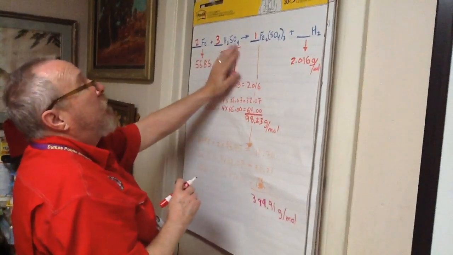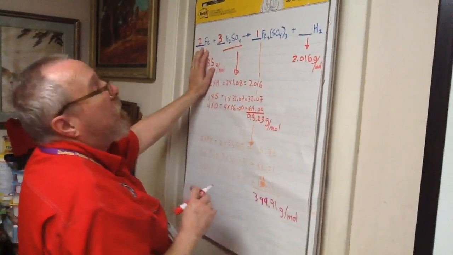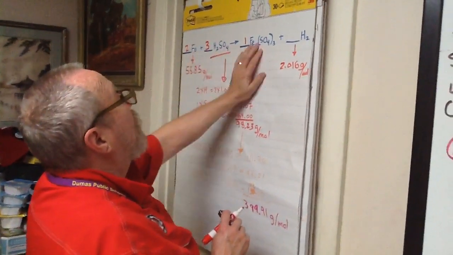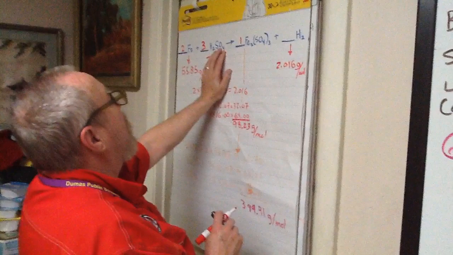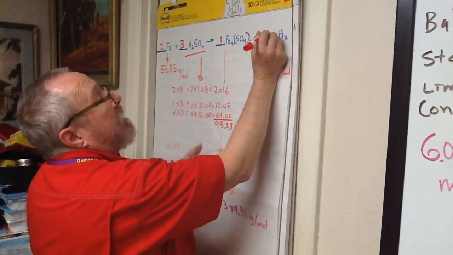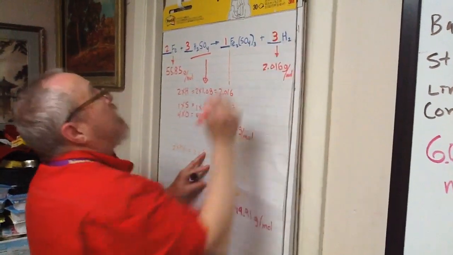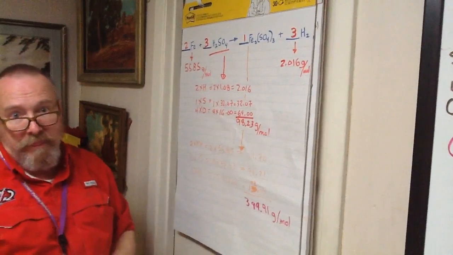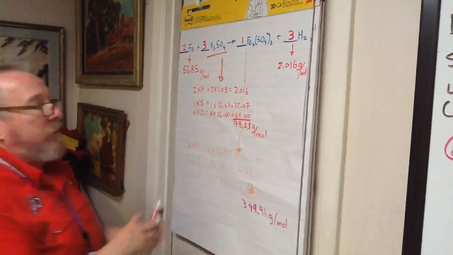I have 3 sulfates here. So, this is going to need 2 irons. I'll need 3 of those sulfates, and that will give me 3 H2s. So my coefficients are 2, 3, 1, and 3. Okay, so I've balanced my equation.